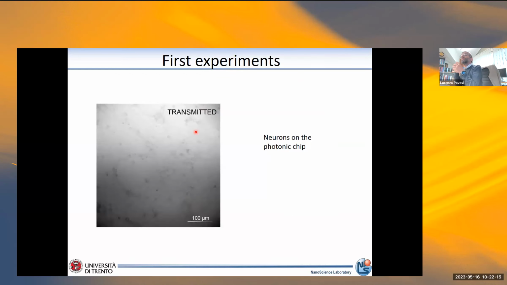So here is the first experiment, where you see the neurons that have been grown on top of the photonic chip. Here you see those small gray structures that are the actual neurons, and then you see the dark green lines that are the lines where the photonic waveguides have been produced.